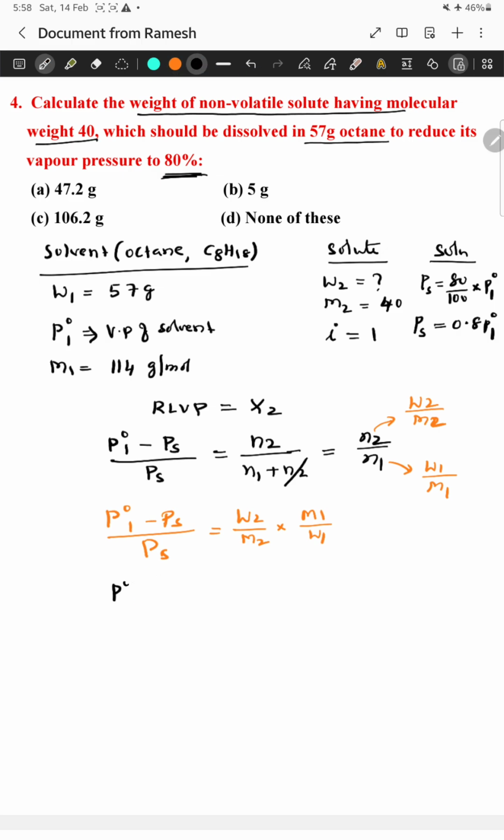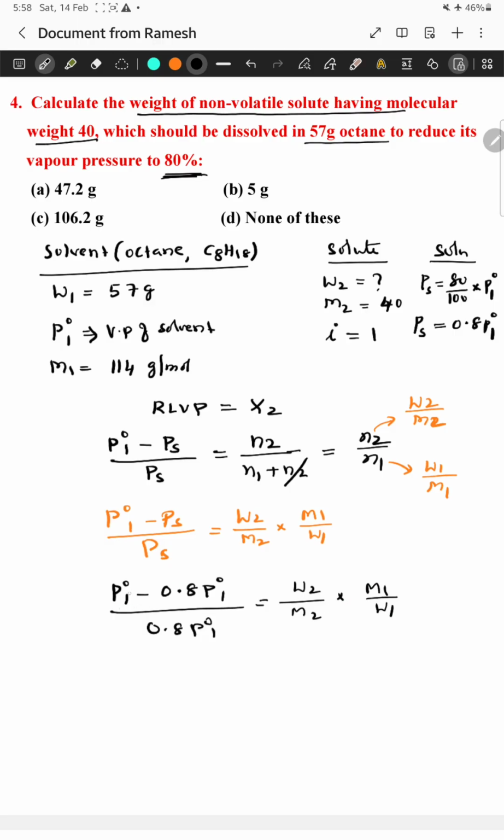P01, the vapor pressure of the pure solvent, minus PS, the vapor pressure of the solution, which is 0.8 times P01, divided by again PS, that is 0.8 times P01, is equal to W2 divided by M2 into M1 by W1.